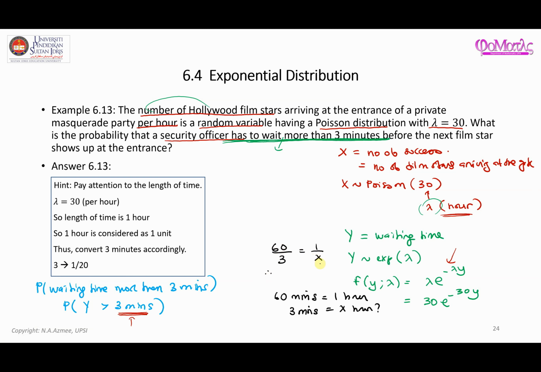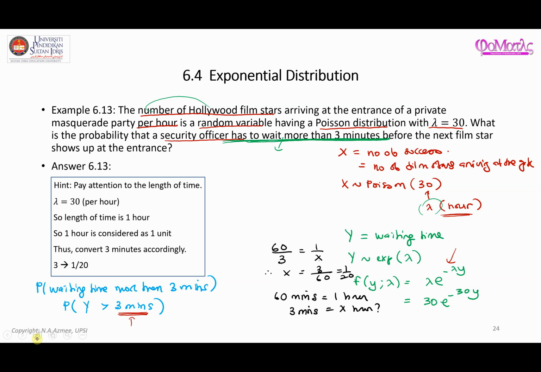We want to know what 3 minutes is in terms of hours. So x is equal to 3 over 60, which is 1 over 20. So 3 minutes is equal to 1 over 20 hour.